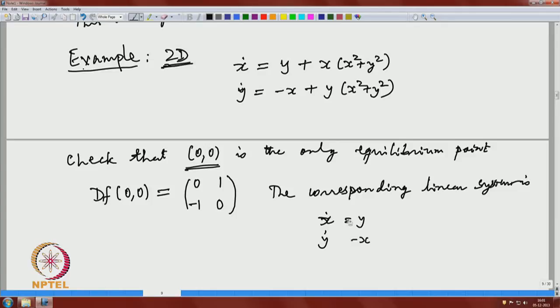And we have already seen that for the linearized system 0 0 is stable, but not asymptotically stable.